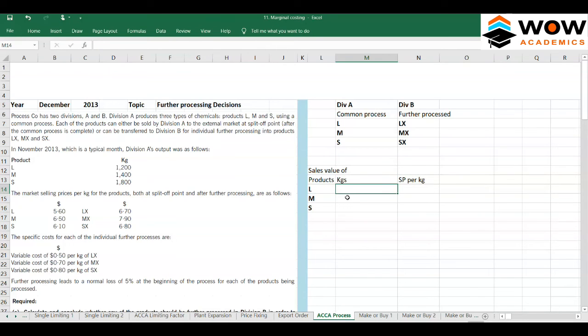So we have 1200 kg, 1400 kg, 1800 kg, and the selling price is 5.6, 6.5, 6.1.